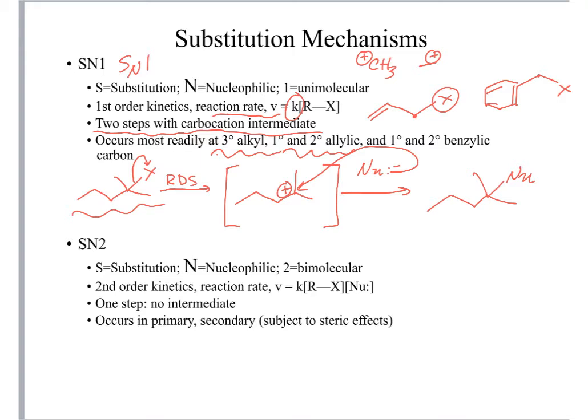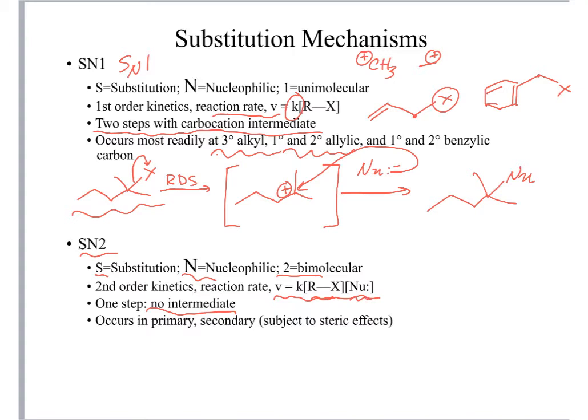SN2 substitution, on the other hand, follows bimolecular second-order kinetics, so substitution, nucleophilic, bimolecular, and it proceeds via one step. There's no carbocation or any other intermediate that forms, but the initial transition state dissociates to give the product. And the rate law for the second-order kinetics will be a proportionality constant times the concentration of both alkyl halide and the nucleophile.